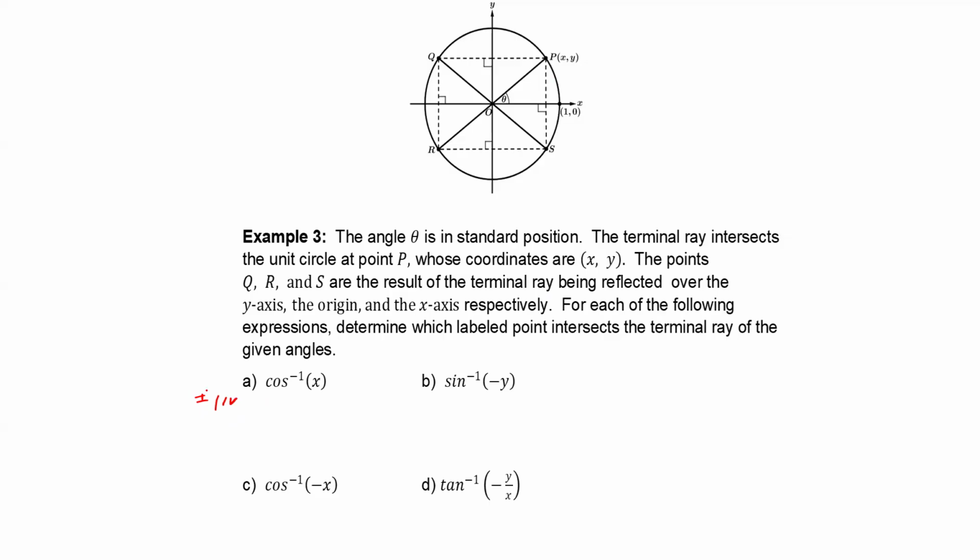So out of these, I only can choose the point that is in quadrant number 1. And what point is in quadrant number 1? P. So the answer here would be P. This is just making sure that you understand where things are positive and negative and where the arc trig values exist. Okay, did that help?